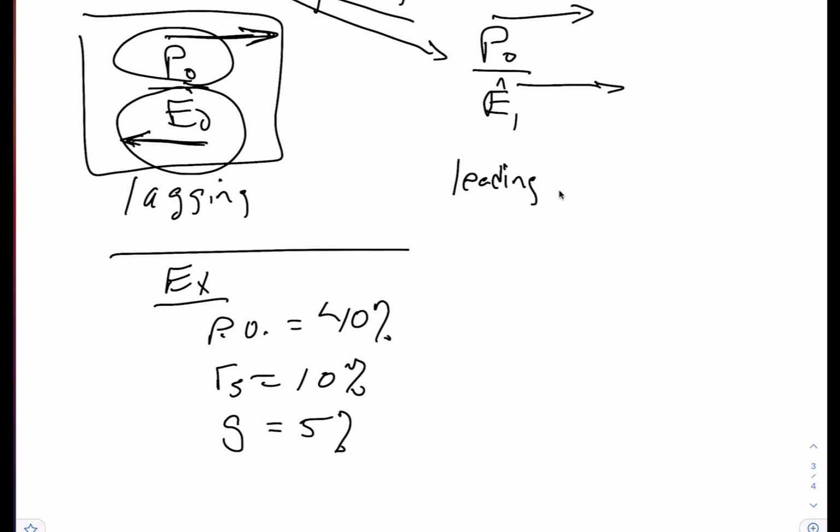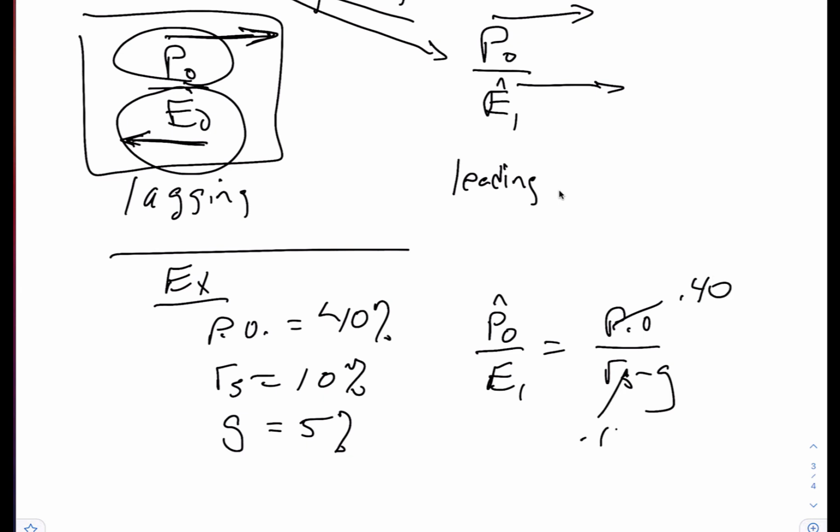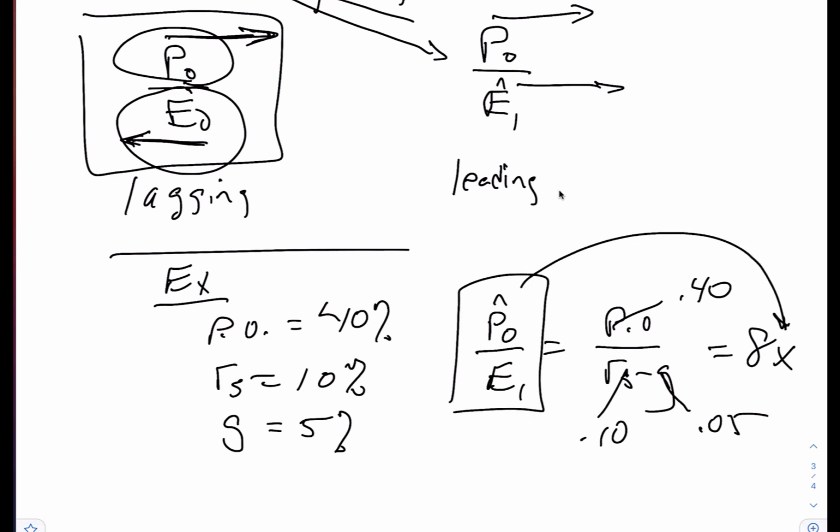So we look at it this way. We have 0.4, 0.1, 0.05. And so what we see here is that this equals 8 times. So the PE ratio is 8.